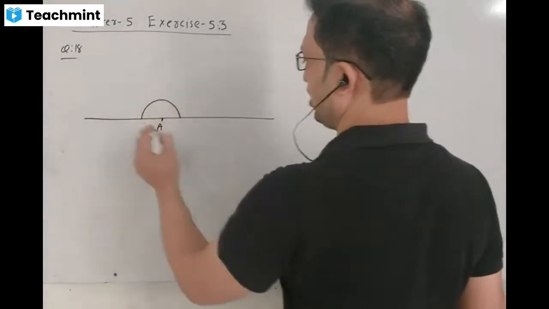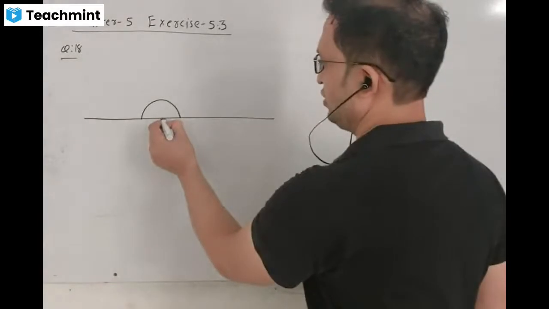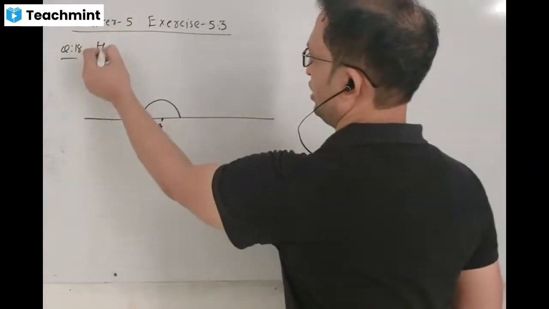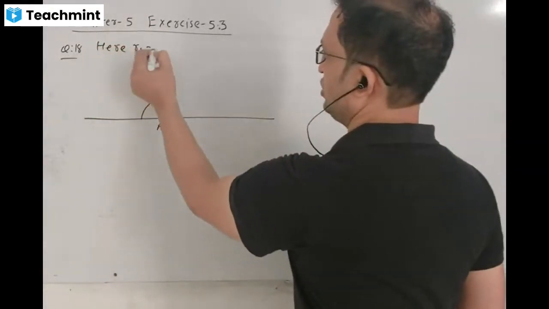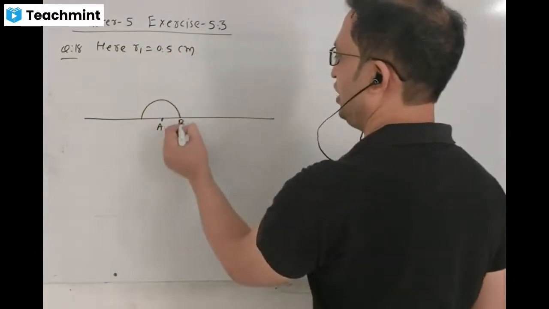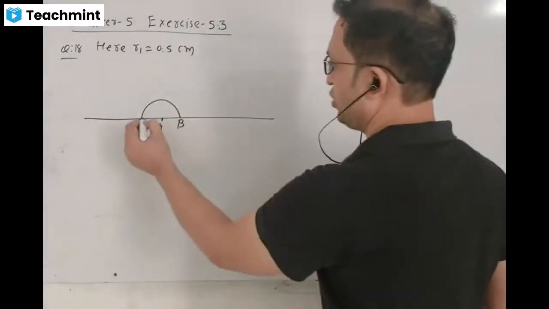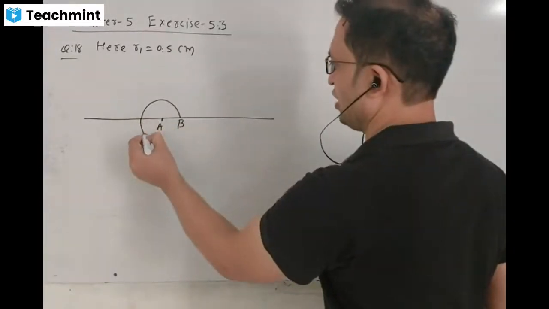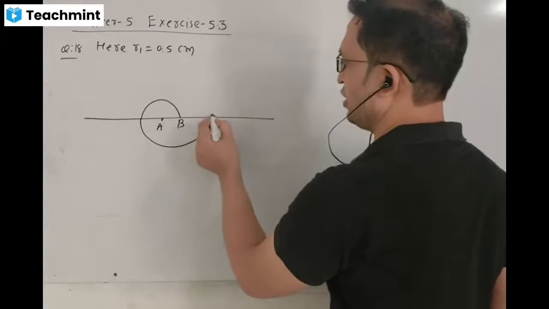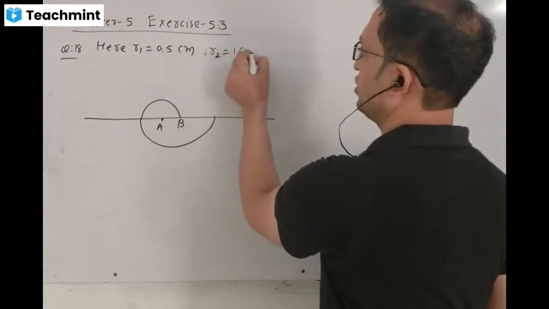Radius R1, R1 here, radius R1 is equal to 0.5 centimeter. Similarly, we take center B, draw a semicircle with radius 1 centimeter. R2 is equal to 1 centimeter.